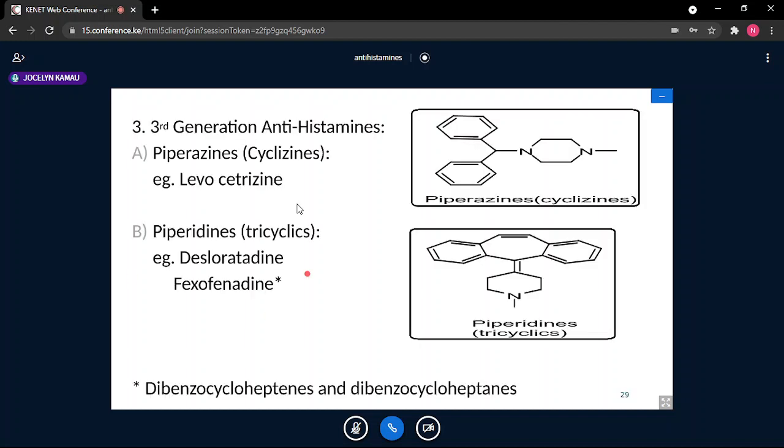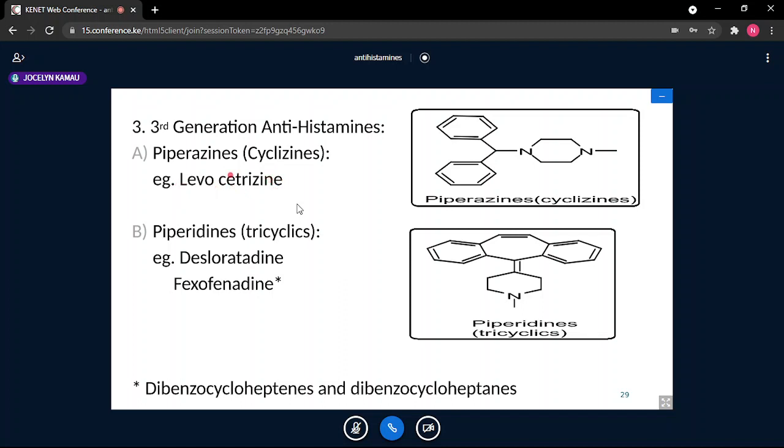Then we have the third generation, and we did mention that the third generation are either metabolites or a specific isomer of the second generation. And if you look at that again, they still have the similar structures, like you have the piperazines, where you have levocetirizine. So under second generation, we had cetirizine.